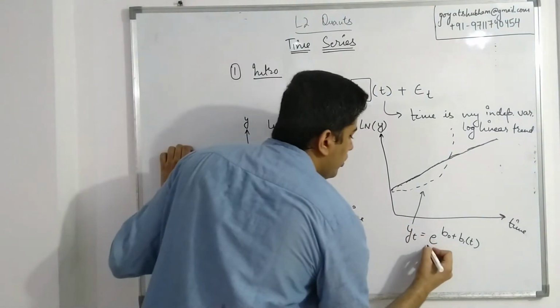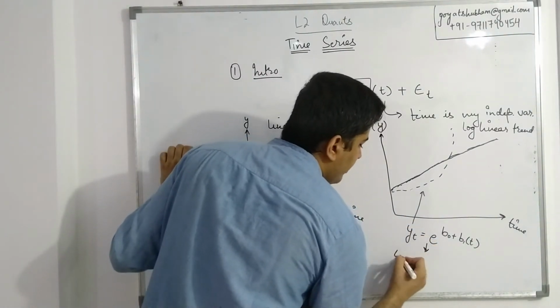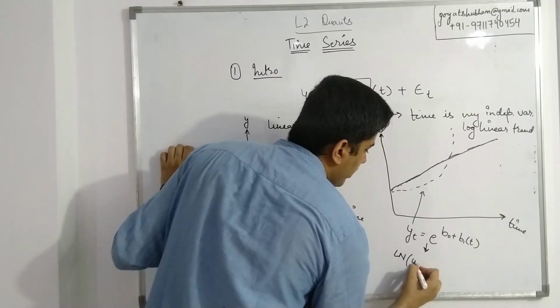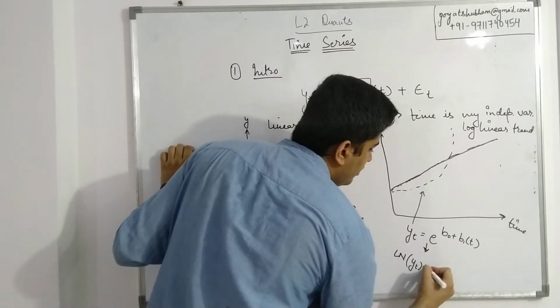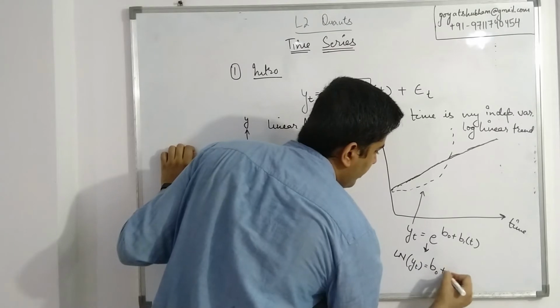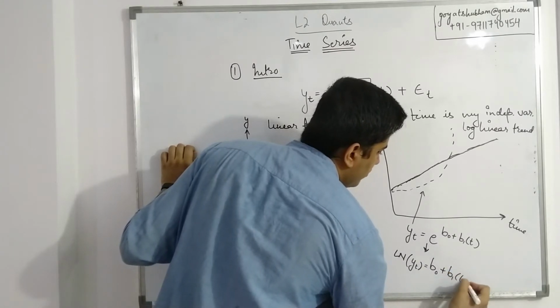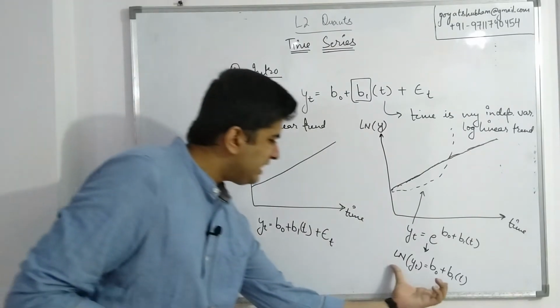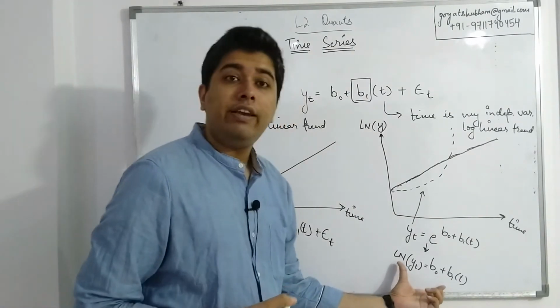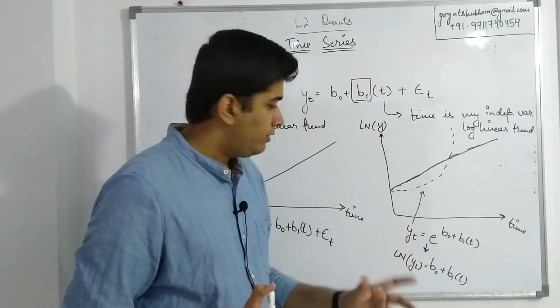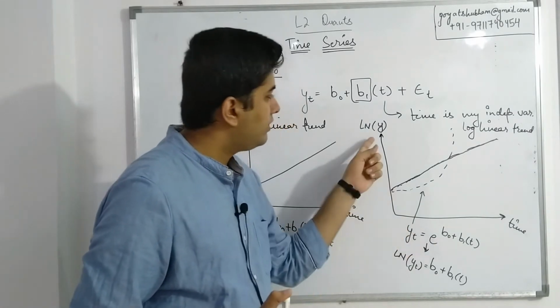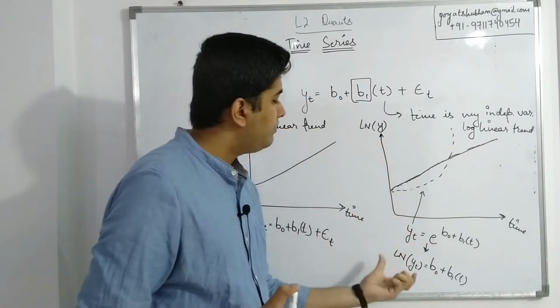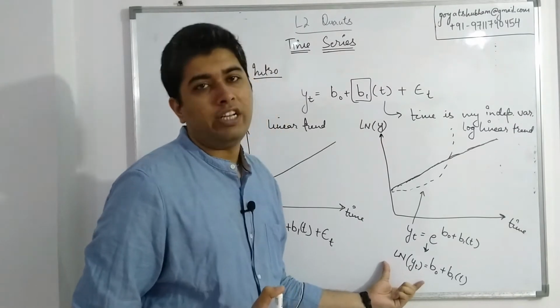In order to convert this, we simply have log natural of y equal to b0 plus b1 t. Now this equation is representing a linear relation. All I've done is instead of having y as my axis, I've changed my axis to log natural of y.